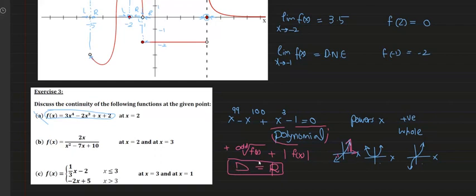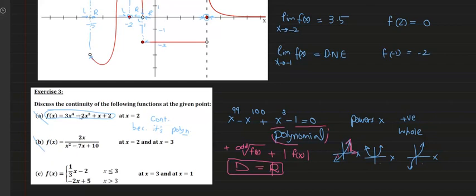This number can be 0, positive, negative, whole, or fraction, but it is a defined number. So at x equal to the given point, like all the other numbers, this function is continuous. You might add that this is because it's a polynomial. That's the reason.